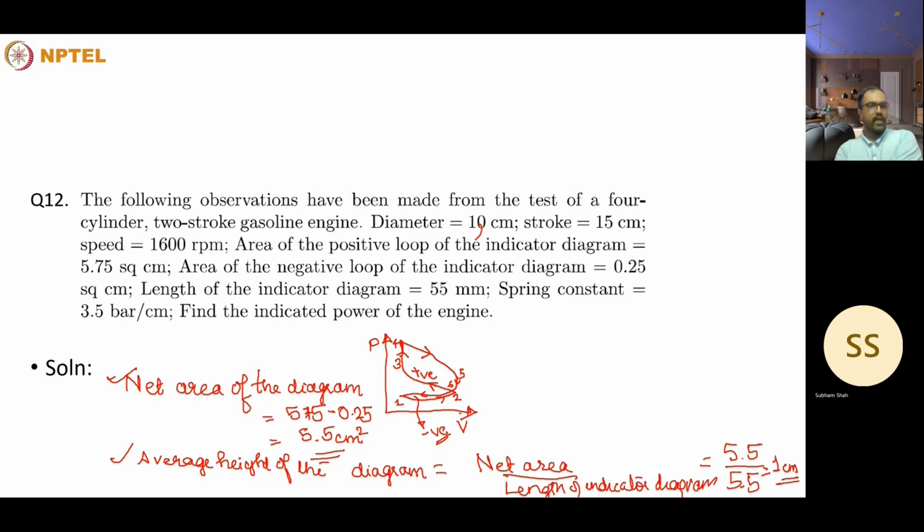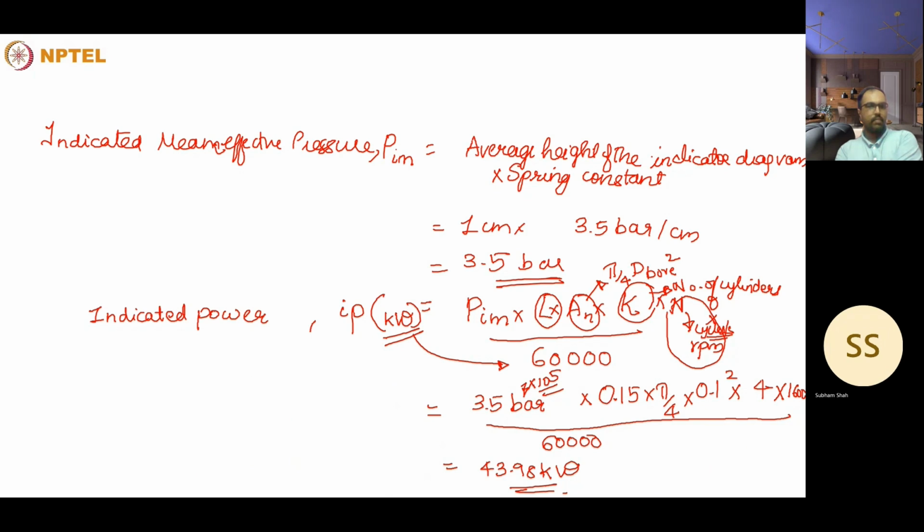Using the indicated pressure, we can calculate the indicated power by multiplying the stroke volume, the number of cylinders, and also taking into account the number of cycles per second. For a four-stroke engine, it will be number of RPM divided by 2. For a two-stroke engine, number of cycles will be equal to number of RPM. So the indicated power is 43.98 kilowatt.